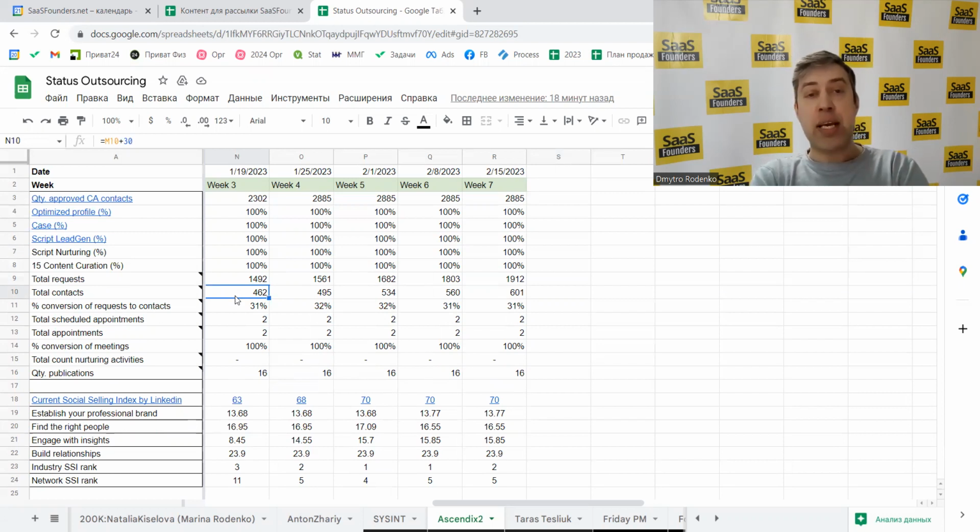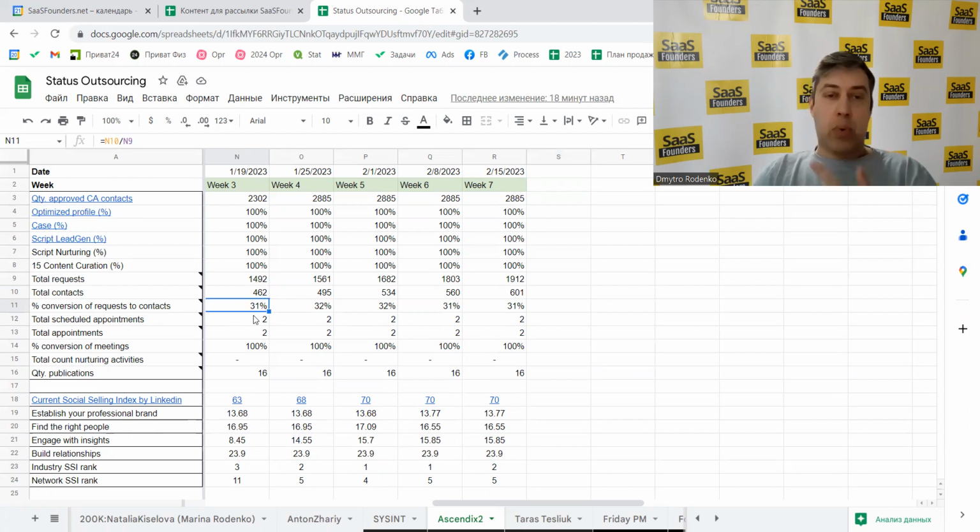It's very important to see that this number grows as the number of requests increases, and the same should be true for the contacts, right?